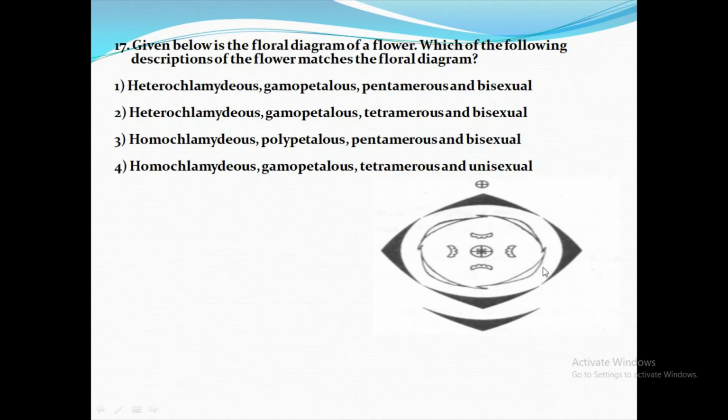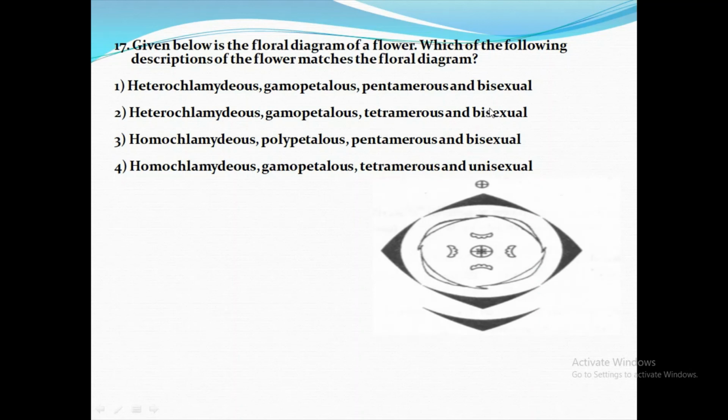So all the parts of the flower are four in number. So here it is tetramerous. Pentamerous means they should be five in number.